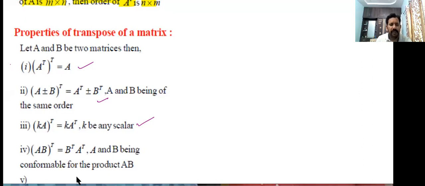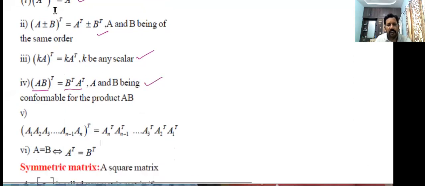AB exists for multiplication. If two matrices exist for multiplication, then this condition holds: AB whole transpose is equal to B transpose A transpose. Next, A1, A2, A3 and so on, An minus 1, An whole transpose.